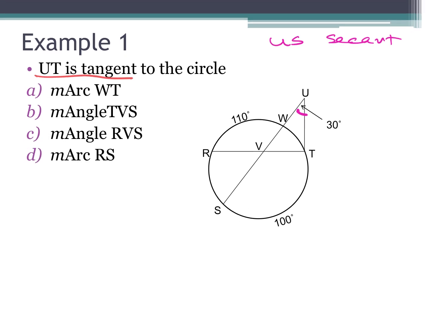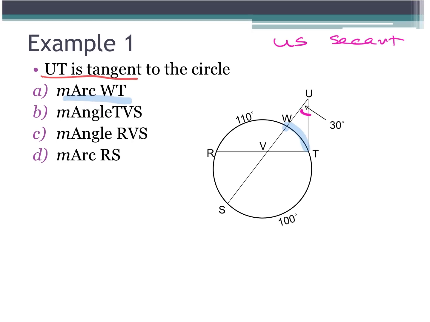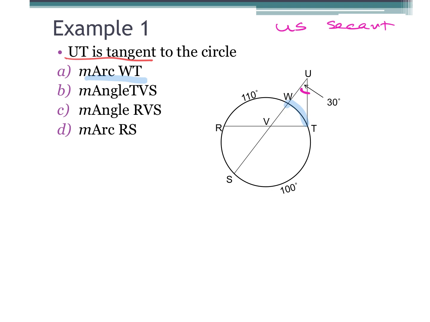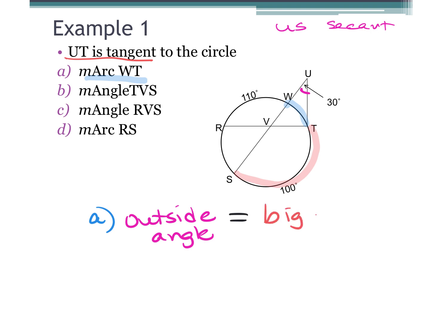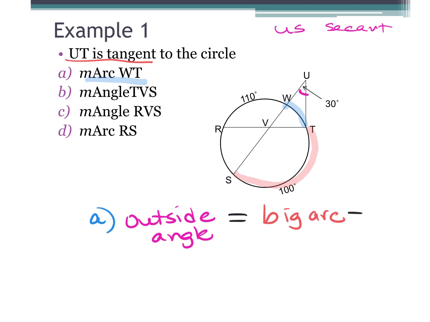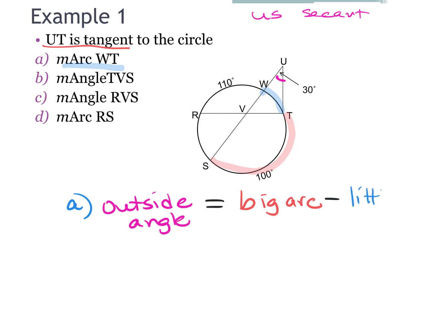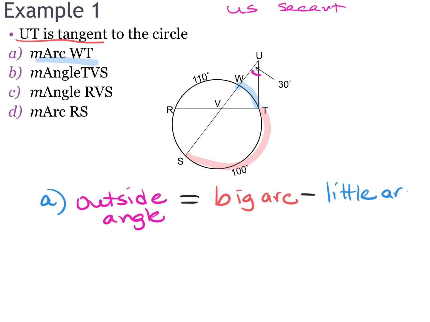In order to find the measure of arc WT, which is right here, for part A, I'm going to be finding my outside angle, which is equal to my big arc, which is over here, minus little arc, which is the WT, and then divide by 2.